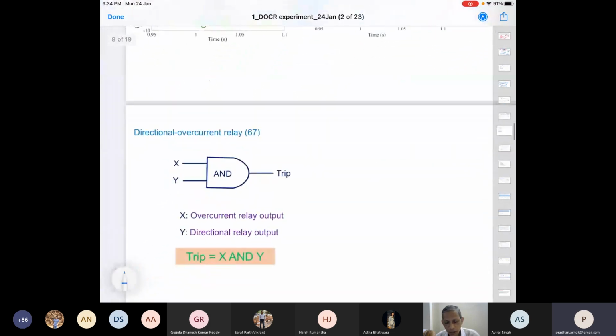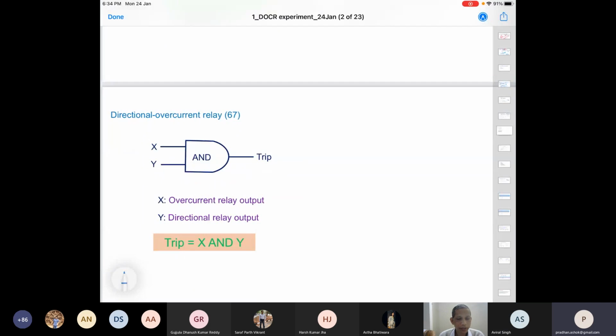So overall, our conclusion is that this directional relay should do two things. X is the overcurrent relay and Y is the directional relay. X overcurrent means the current is high, and Y considers the corresponding directional information. So the relay should trip when it is looking in the forward direction. We call this the forward direction, because this relay's job is to take care of this section, not that section.